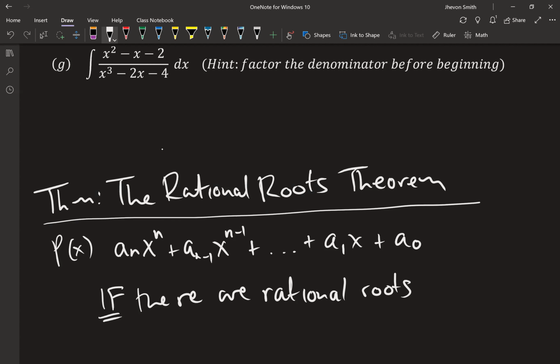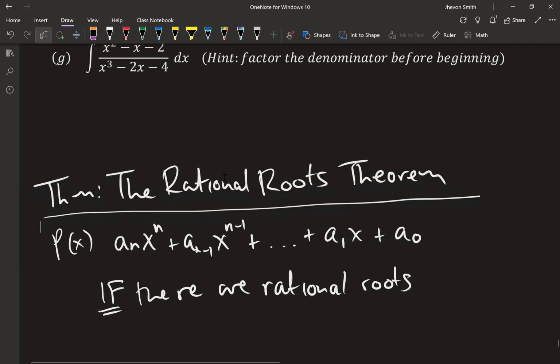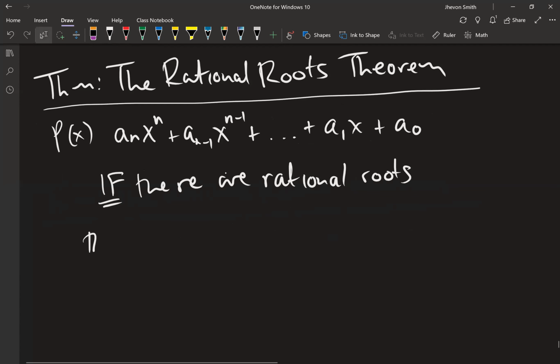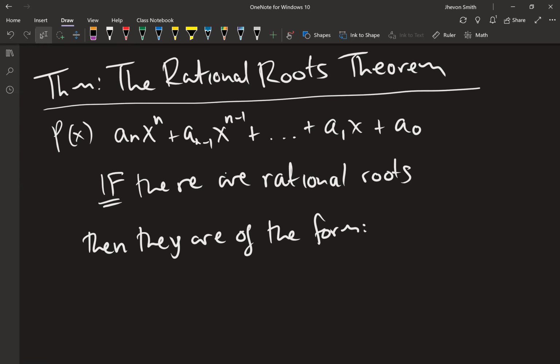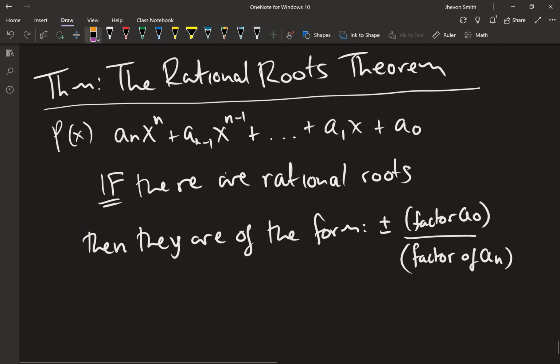And it basically says, given a polynomial, if there are rational roots, then they are of the form plus or minus some factor of the constant term divided by some factor of the leading term. So this is the rational roots theorem.